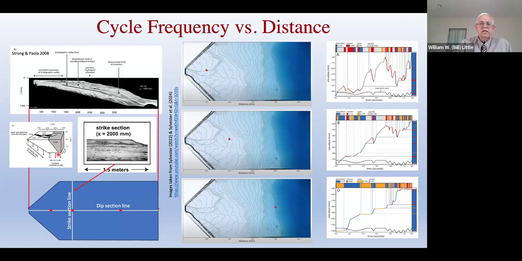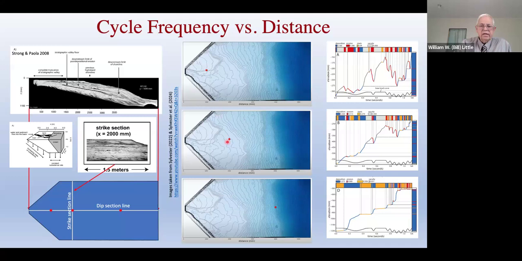And what they did through the experiment is they varied base level. Base level would rise, base level would fall. Some intervals they would raise base level rapidly, others they would raise it slowly, and the same with the fall. Here is a map of the surface of the tank, and there are 3 dots here.